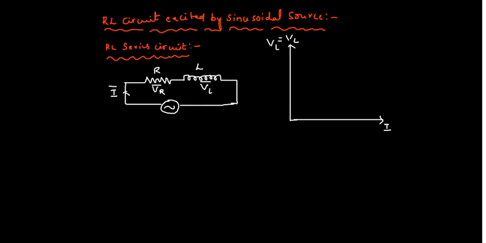Already we have seen this in our last class. This is VL at 90 degrees. With respect to the voltage, the current always lags the voltage by 90 degrees. If I take it from the voltage side, then we can say that the voltage leads the current by 90 degrees.